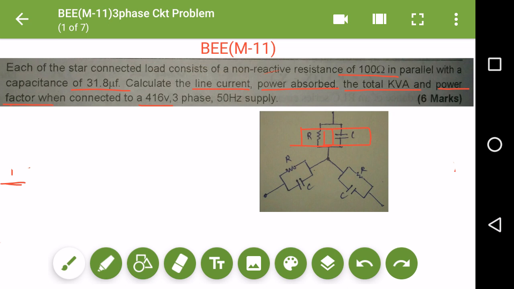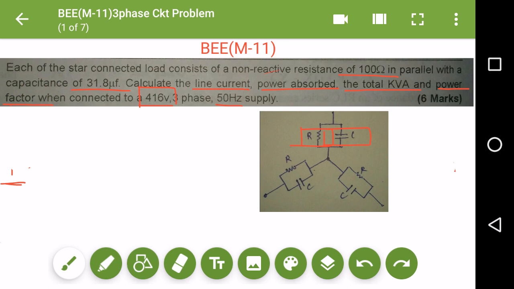So the line voltage of 416 volt is given to us, and the frequency of 50 hertz is also provided.